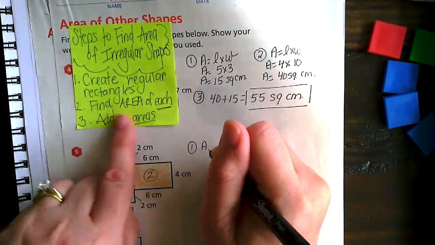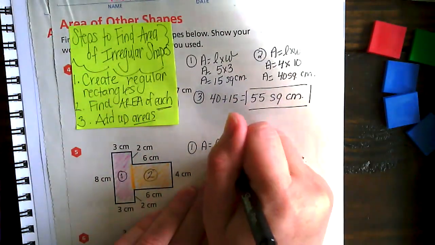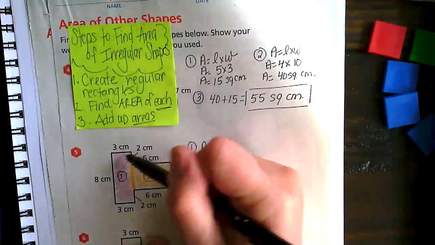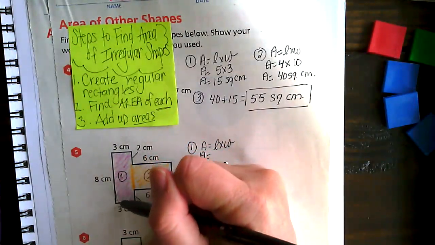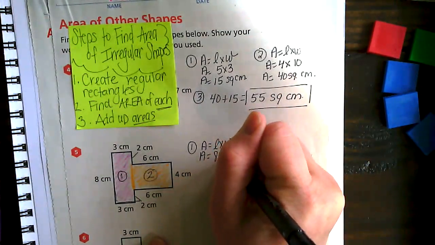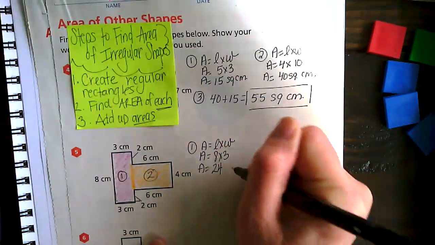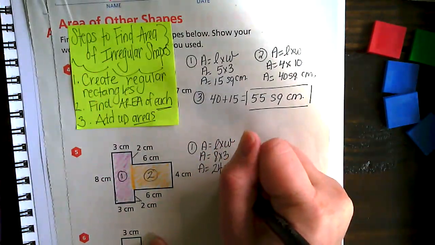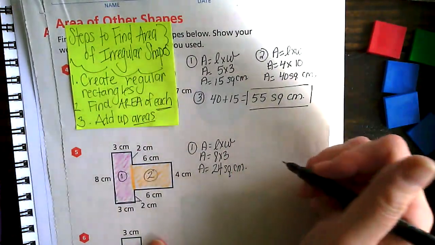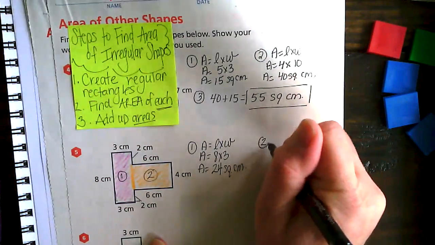Step 2, find the area of each. Length times width. 8 times 3. 8 times 3 equals 24 square centimeters. Okay, that's rectangle 1. So now let's take a look at rectangle 2.